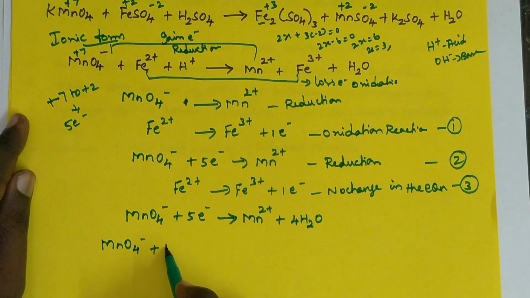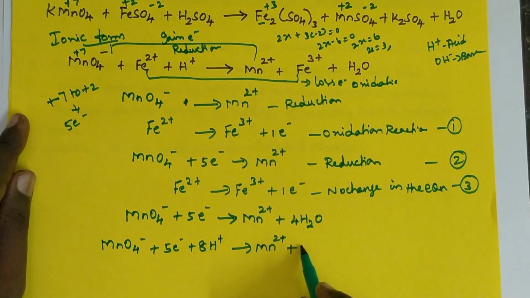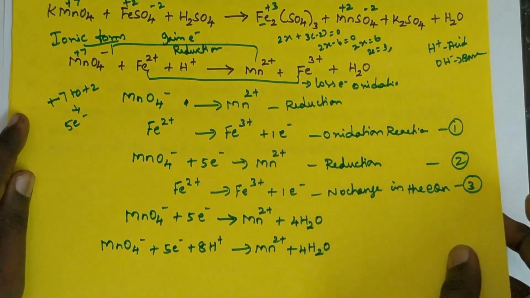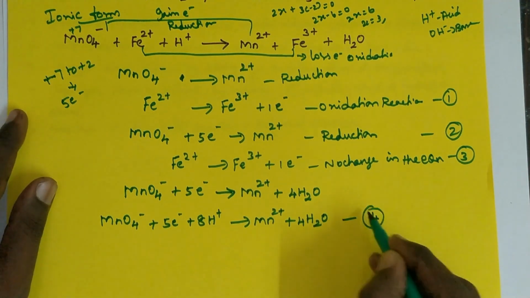MnO4- plus 5 electrons plus 8 H+ gives Mn2+ plus 4 H2O. So this is equation number 4.